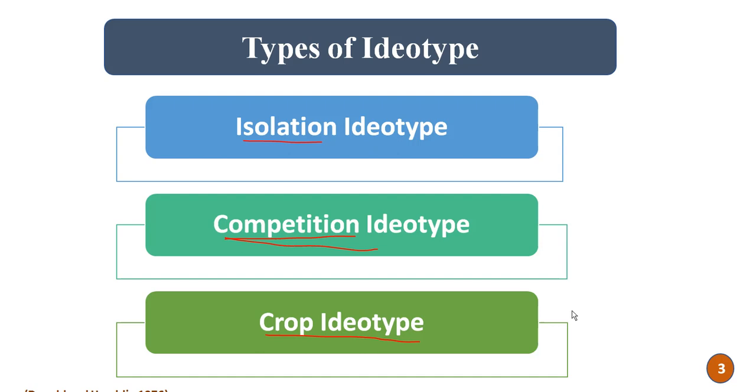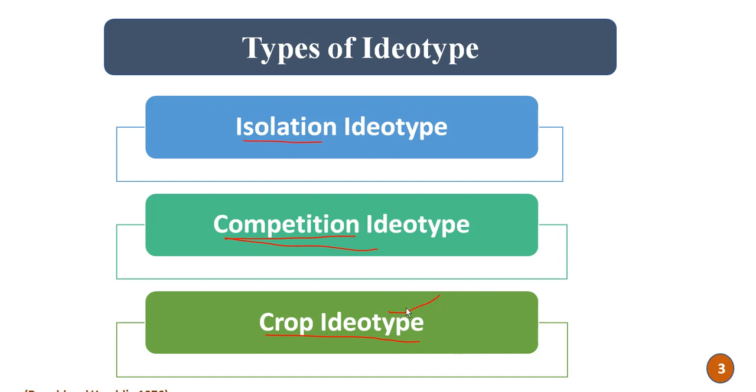And in case of cereals, this crop ideotype is an erect, sparsely tillered plant with small erect leaves and is able to survive in a highly competitive situation of being surrounded by plants of the same form. So these crop ideotypes perform better when the crop plants are planted at commercial crop densities.